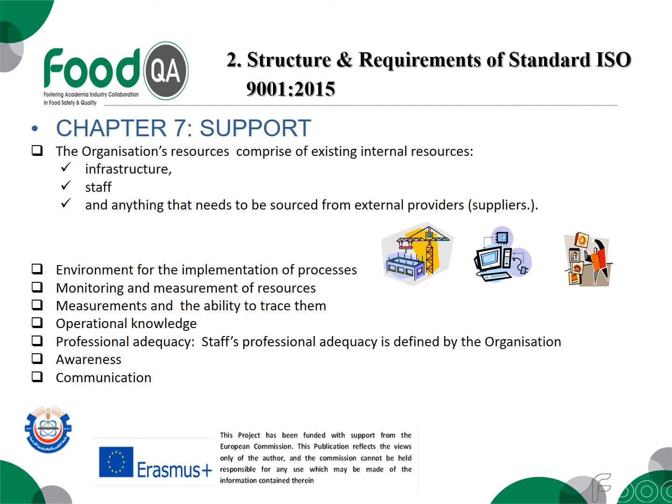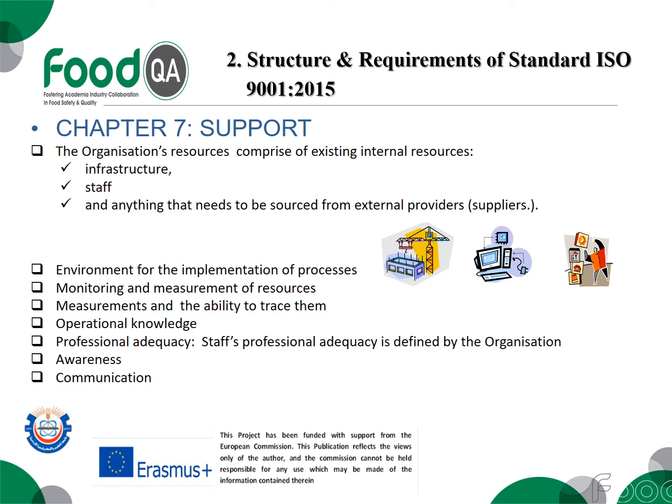Chapter 7 or standard number 7, support. The organization's resources comprise existing internal resources such as infrastructure, staff, and anything that needs to be sourced from external providers or suppliers.